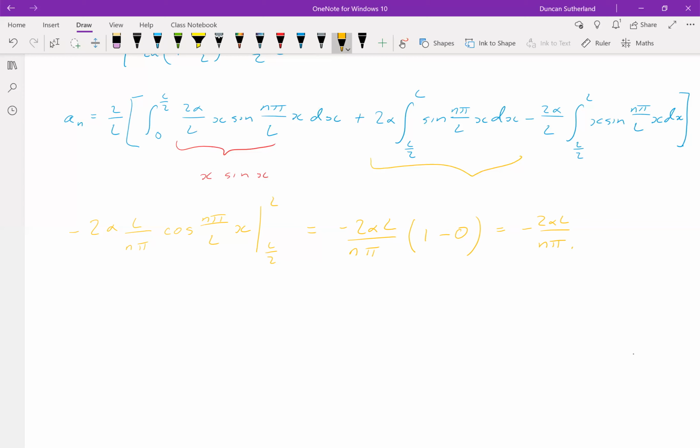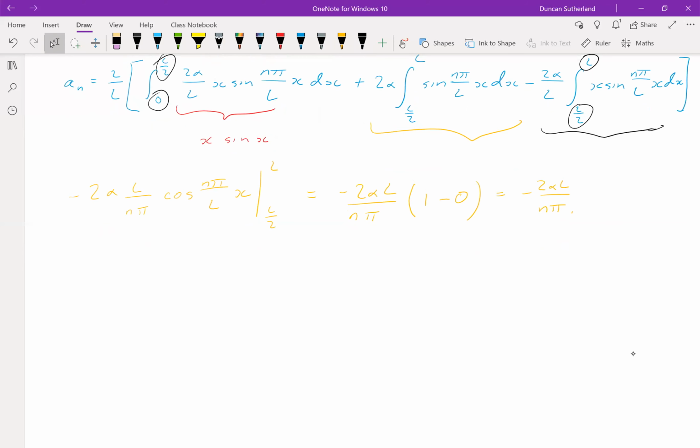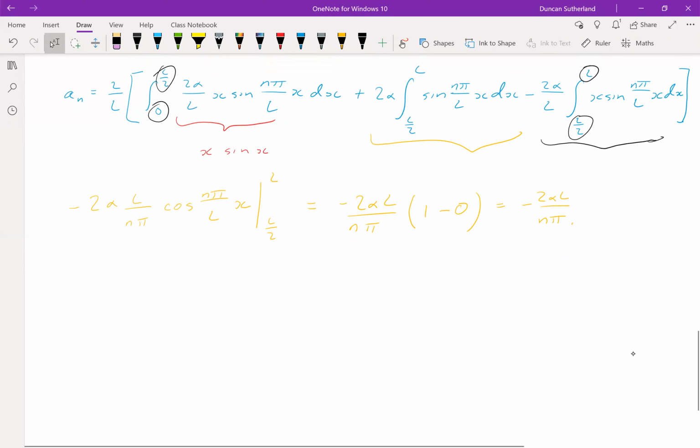All right, so let's do the red integral. If we do the indefinite integral, because it's obviously the same integral just with different limits, we've really done this one as well. Yeah, that's not 0 or 1.